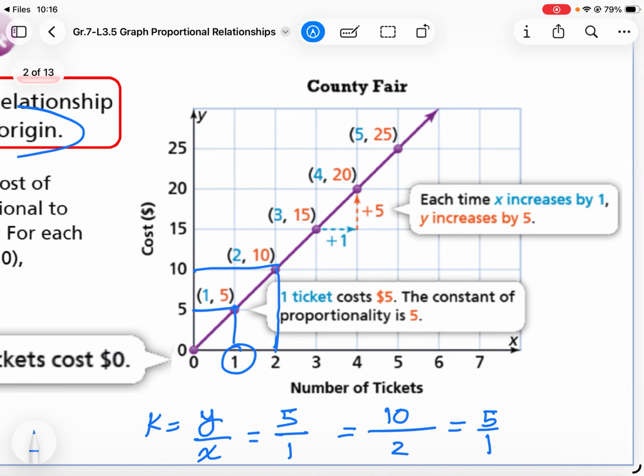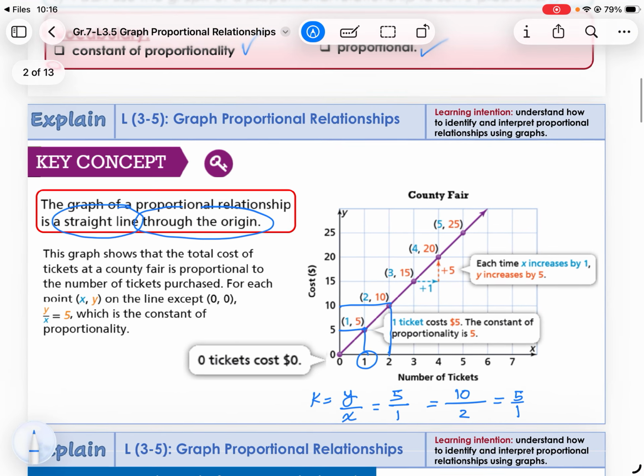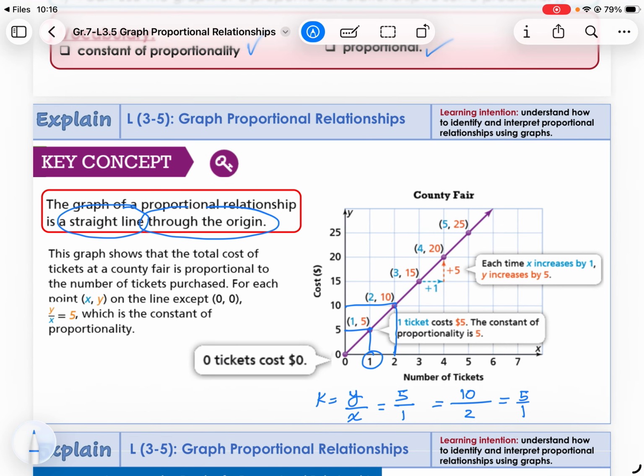If you're not sure, you can take a third piece of data. We take x equal to 3. When x is 3, the value of y will be 15, and that's also equal to 5 over 1. So as you can see, we have a constant ratio each time we divide y by x.